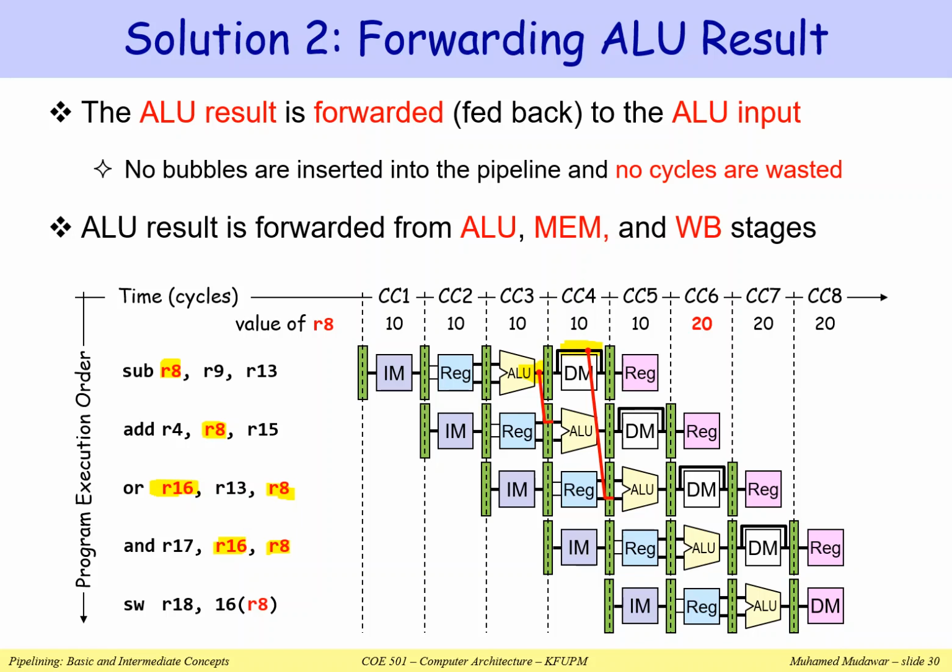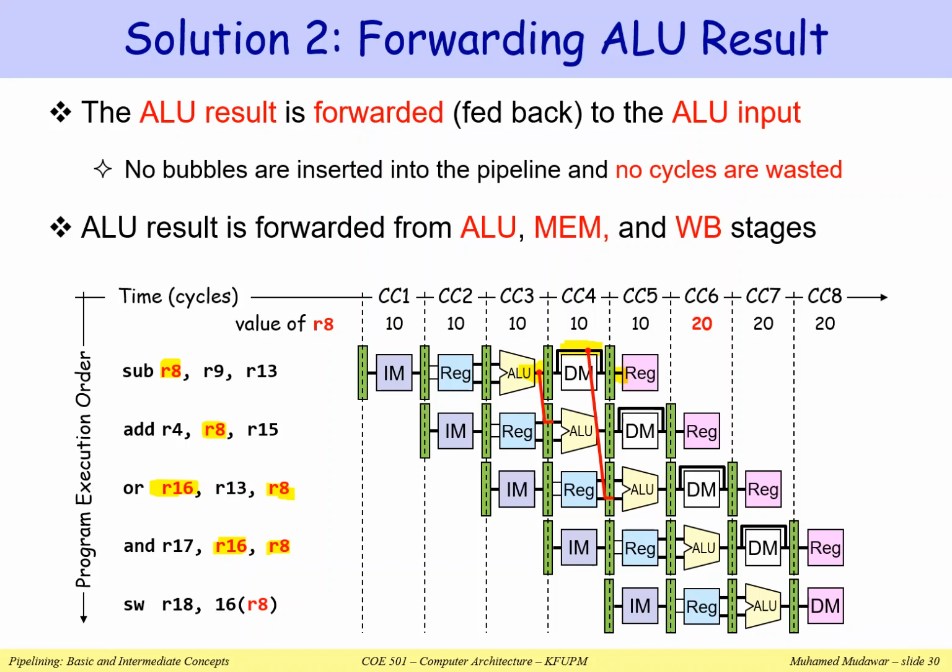At clock cycle number 5, the AND instruction is in the second stage of the pipeline. If it reads R16 and R8, it's going to read the old value of R16 and the old value of R8. It's not the value that was computed by the OR instruction or the subtract instruction.